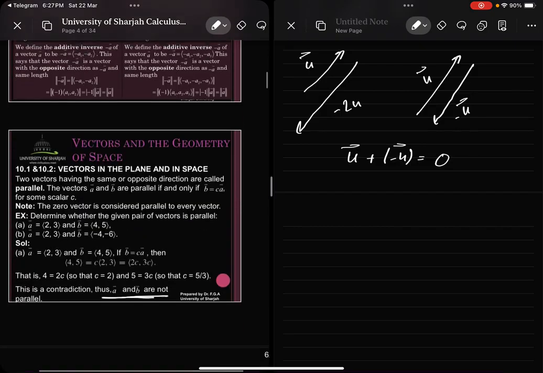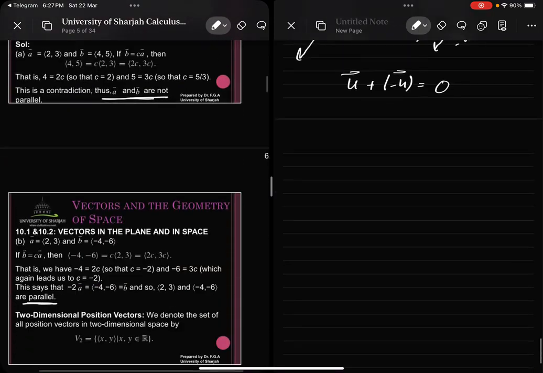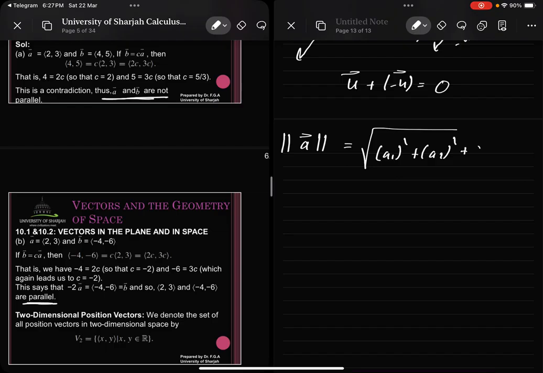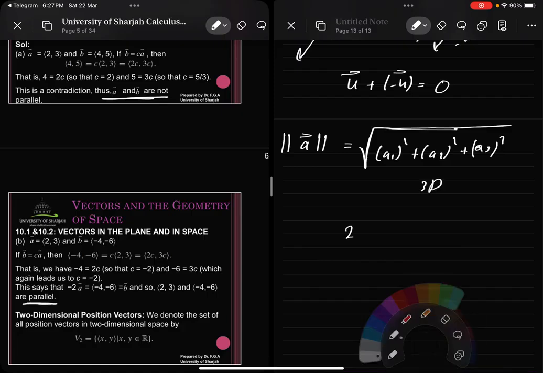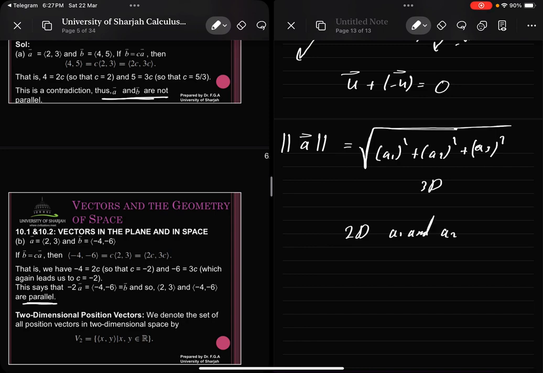To find the magnitude of vector A, it is A1 squared plus A2 squared plus A3 squared if we are treating 3D, and in 2D it will be just A1 and A2.